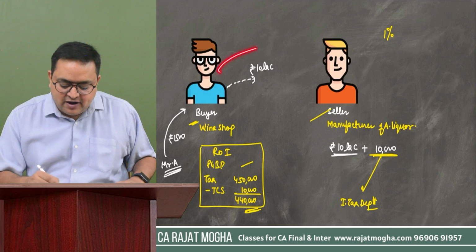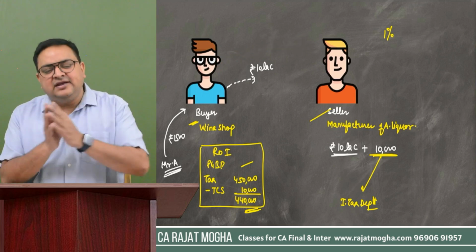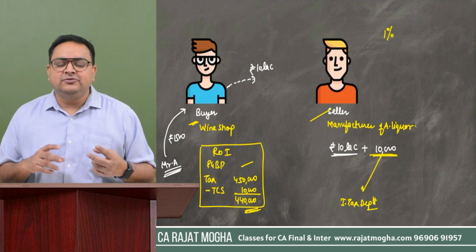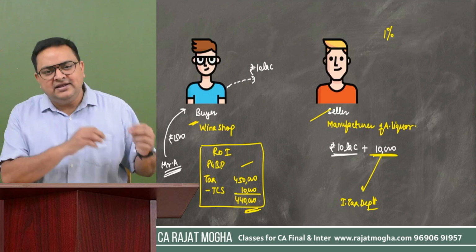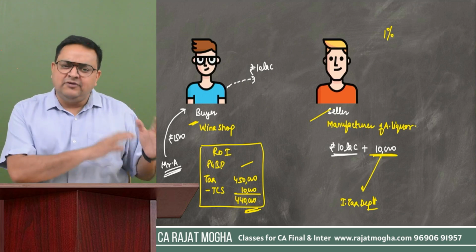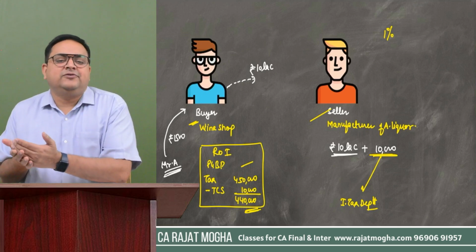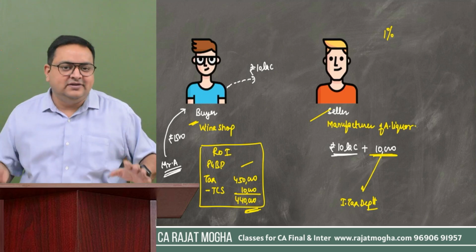In that case, you just give a declaration to the seller: I am purchasing this alcoholic liquor, this timber, this other forest produce, because I am not the dealer of such goods, but I am a manufacturer of something else. I produce other finished goods, and I'll be using this only in the production process as a raw material. Then also TCS will not apply.